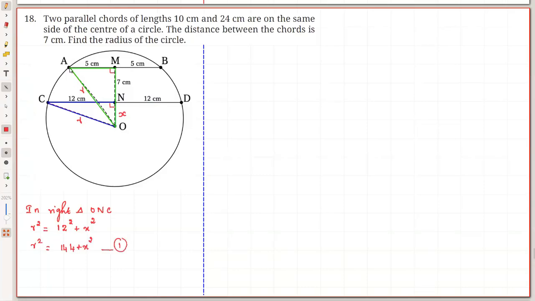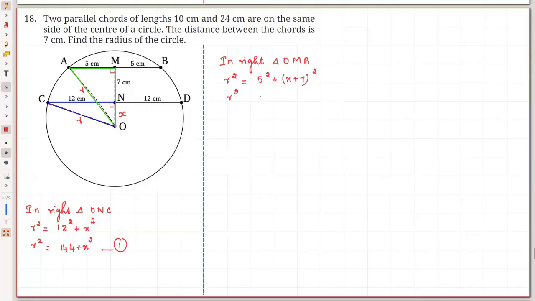Next, I'm going to consider the next right angle triangle, right triangle OMA. The hypotenuse square, R square, is equal to the sum of the other two sides square. One is 5 square, plus the other side is x plus 7, the whole square. Now we can simplify it.